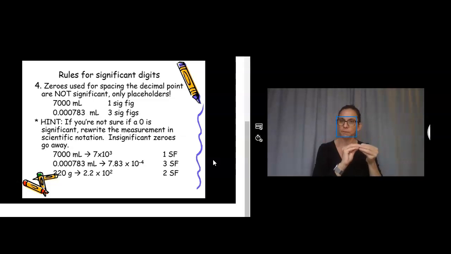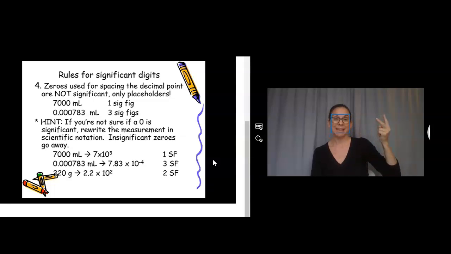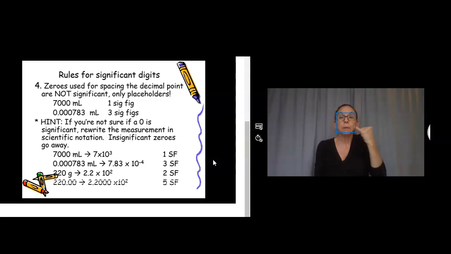Here are a couple more examples. 220 grams written in scientific notation would be 2.2 times 10 to the second. There, that insignificant zero goes away. By the same token, let's say the measurement had been 220.00. Now, in this case, you have final zeros after the decimal place, which are significant, and that zero that wasn't significant is now significant because it's between significant digits.